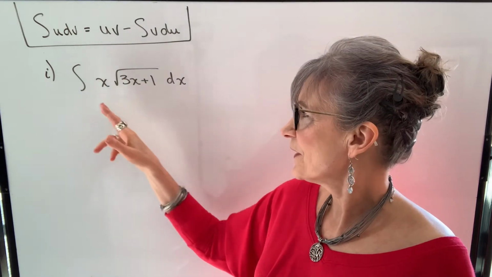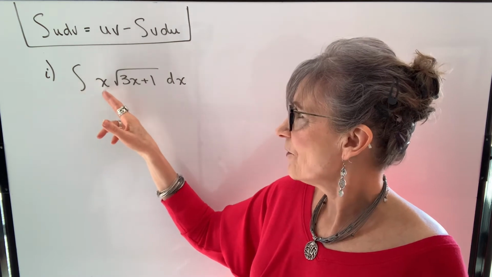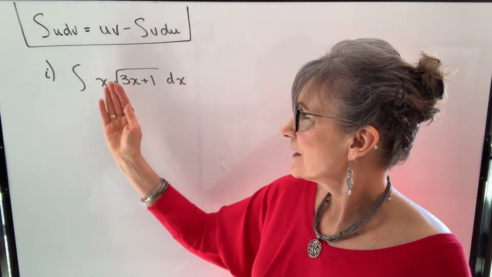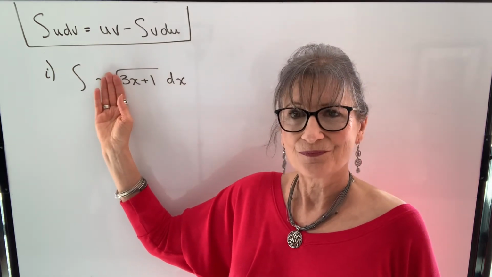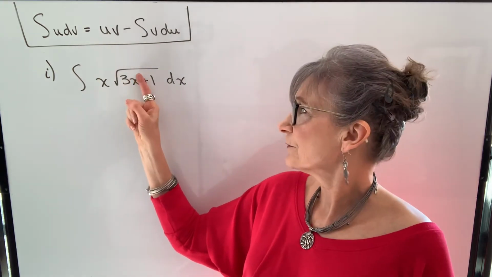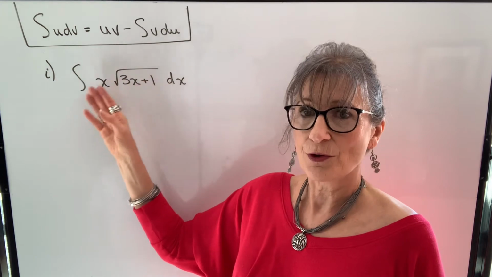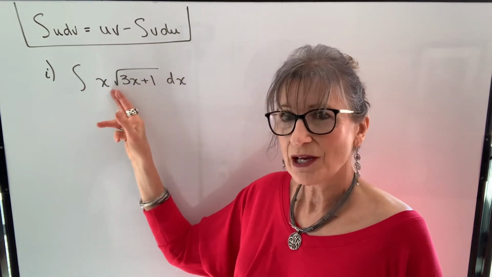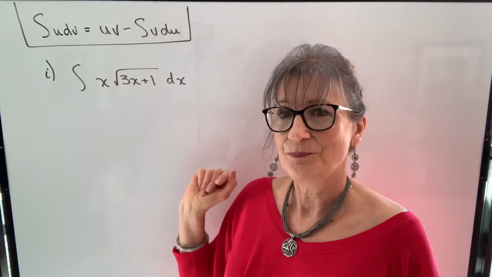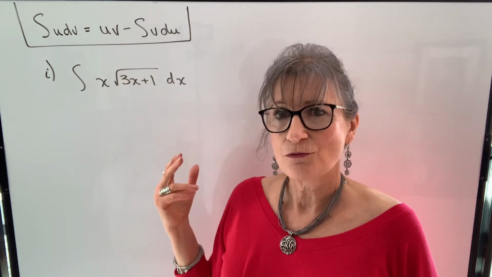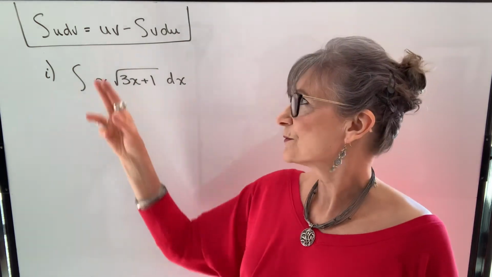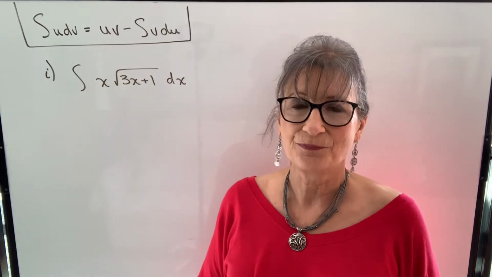So for example, if I was asked to find the integral of x times the square root of 3x plus 1 dx, I can do it if that x isn't there. Or I could do it if I had, for example, an x squared there, where this would be part of the du factor. But the derivative of what's inside my power is 3. It has no function x. So this is a perfect situation where I can use what's called integration by parts.